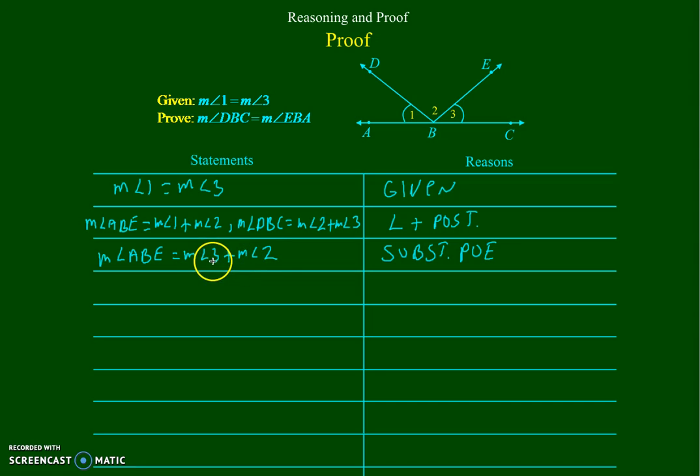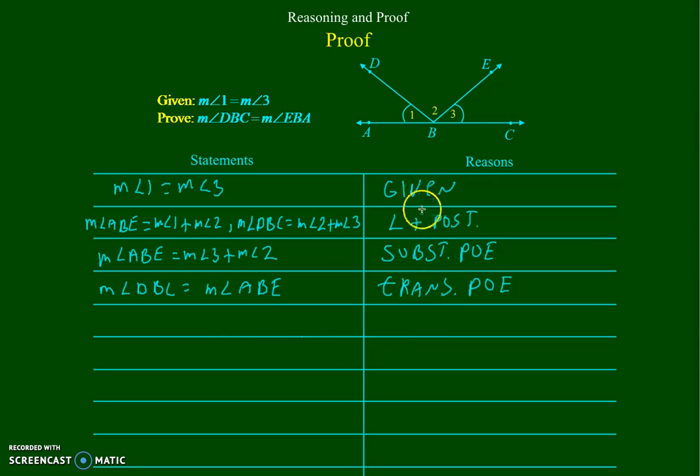So this angle plus this equals the same angle plus itself. Now, since I know that by the transitive property, this angle is equal to this angle, I can make that statement. And so I wrote the measure of angle DBC equals ABE. Because again, through the transitive property, if A equals B and B equals C, then A equals C. So hopefully you can see that.